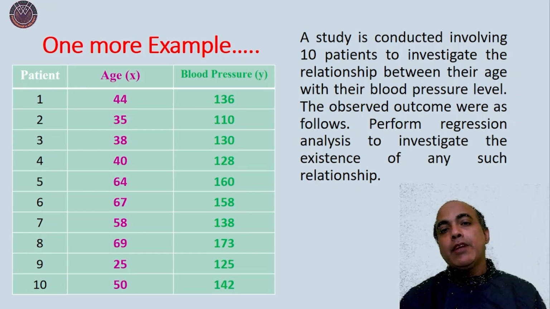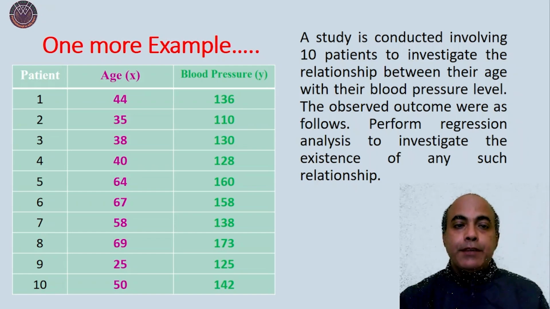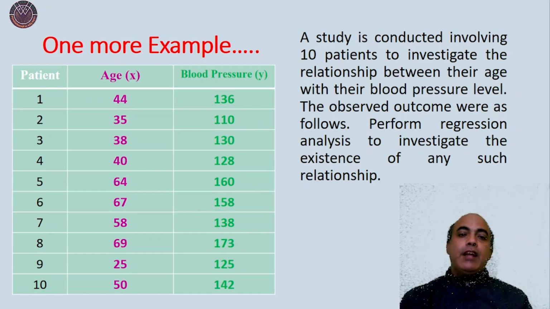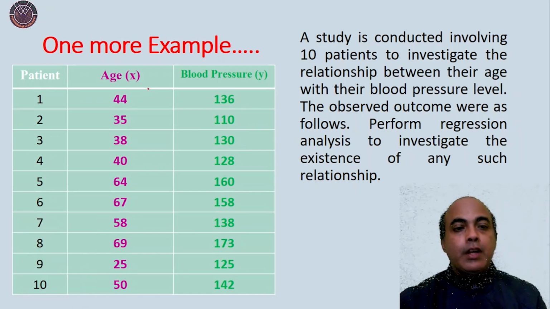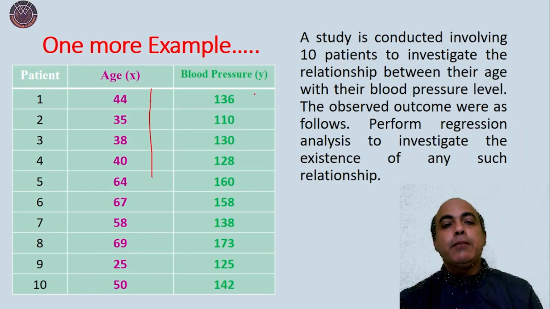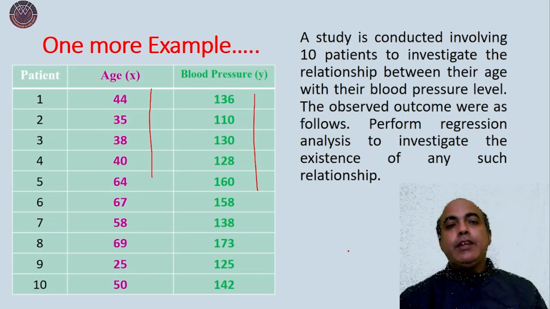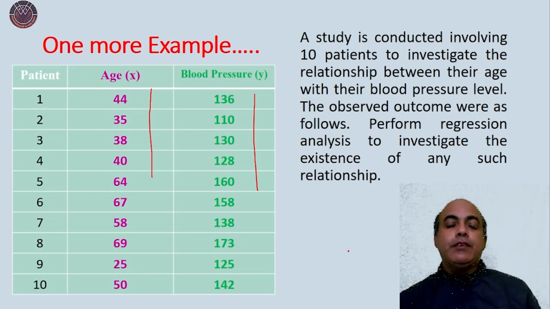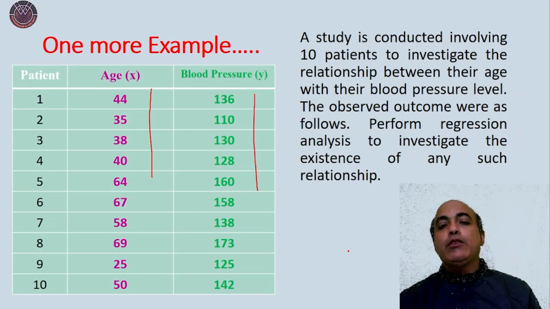Here we have taken one example of 10 patients whose age is given, and blood pressure is also given. So age is the independent variable and blood pressure is taken as the dependent variable. The question asks us to perform regression analysis to investigate the existence of any such relationship.